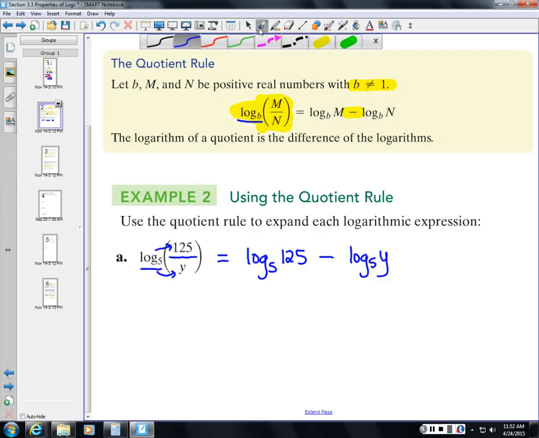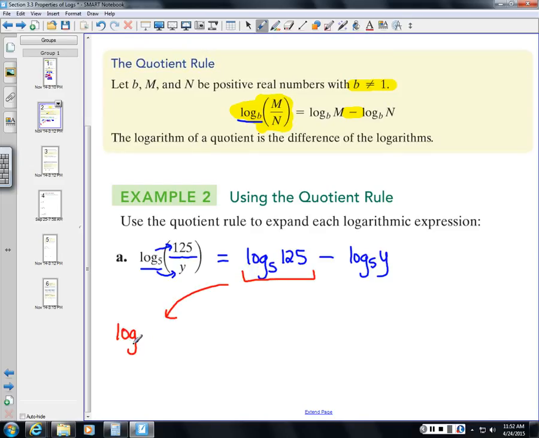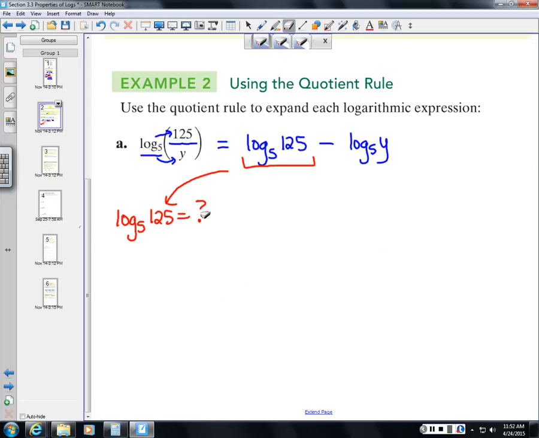Now, one thing we do need to take into consideration is, can I figure out whether this is equal to a number? So let's check this. What is log base 5 of 125 equal to? We're going to set this equal to a y so that we can get it out of log form and into exponential form to see if we can finish working this out.